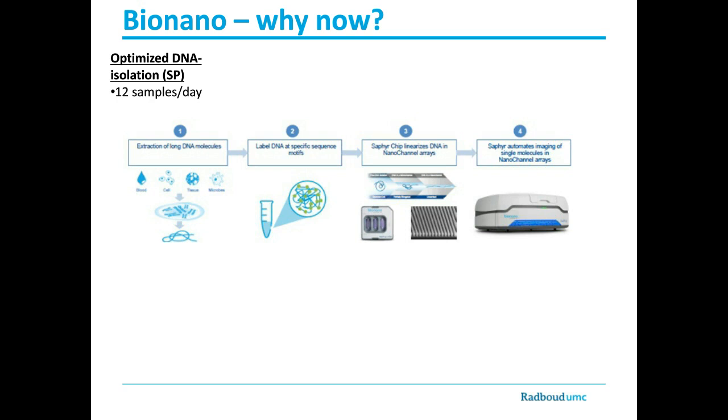But for our standard samples, we are now very happy and delighted to use an optimized DNA isolation that allows us to do 12 samples in a single day. And we think that is potentially even further automatable. So that is offering quite an advantage over the method that was used previously.